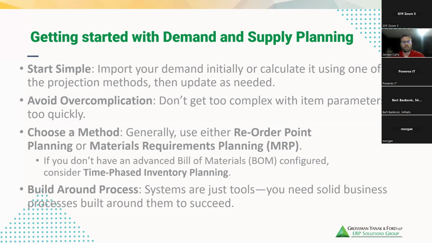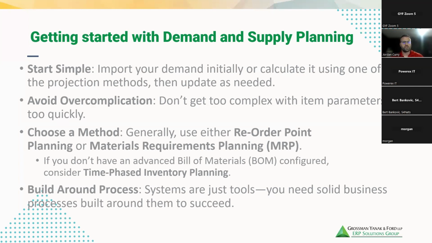Don't get too complex with the item parameters too quickly. Get familiar with the item parameters, which ones work with what module, okay? Whether that's reorder point, time phased, or MRP. So when you're selecting which one to use, if you're new to NetSuite, you have assembly items, you have advanced bill of materials, and you have MRP, okay, as a feature that you can turn on.